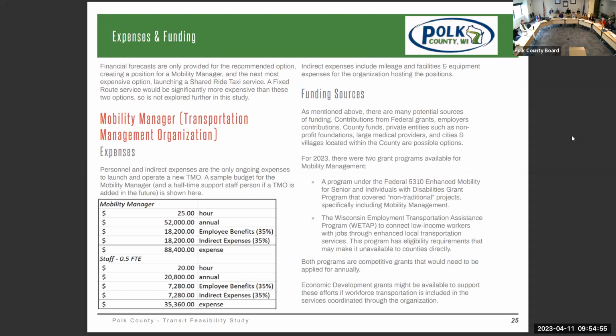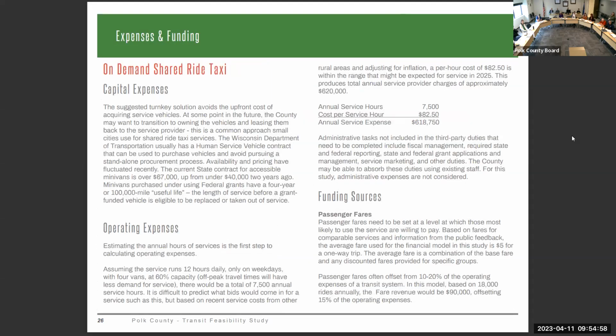On the next page, we look at the on-demand shared ride service. There's capital expenses and operating expenses. Capital expenses went up dramatically over the last 2 years.